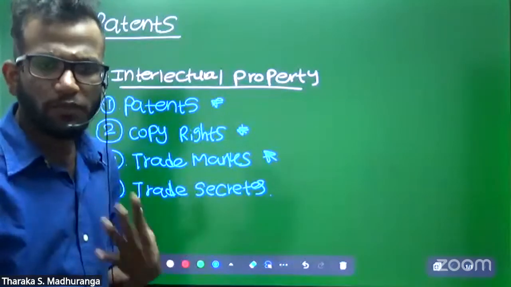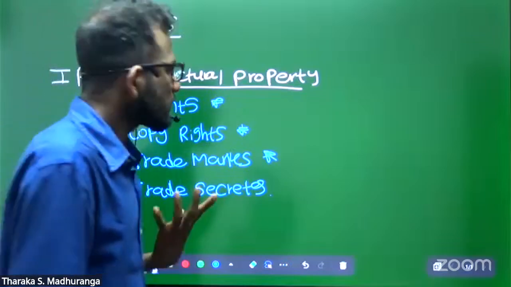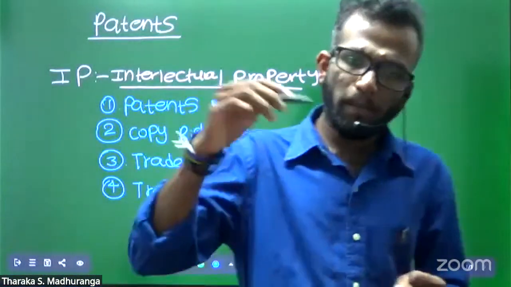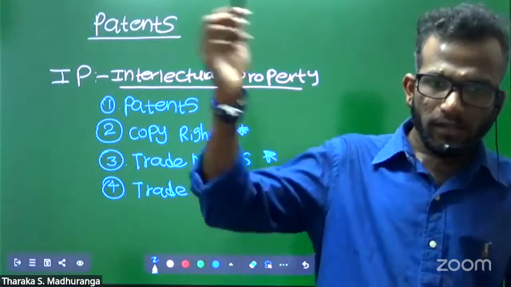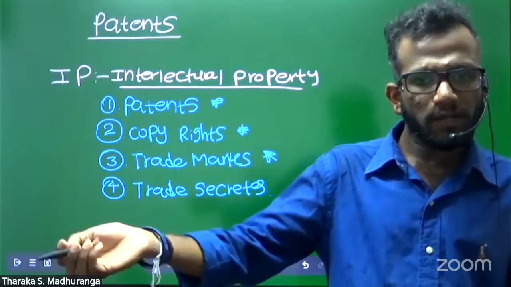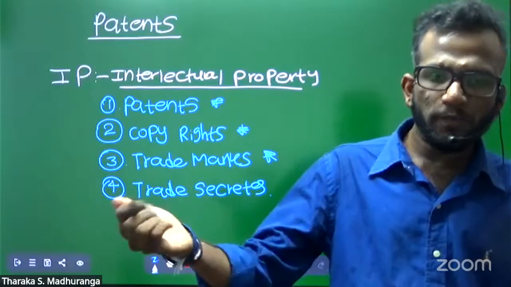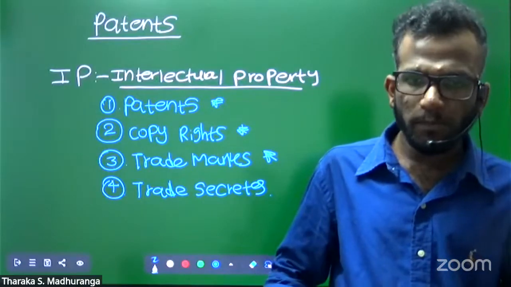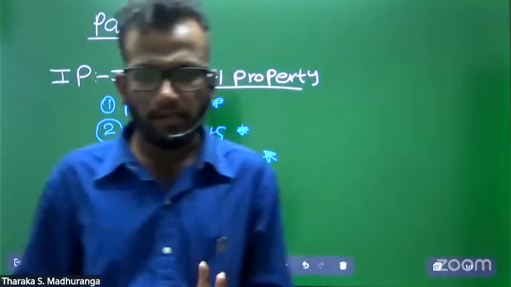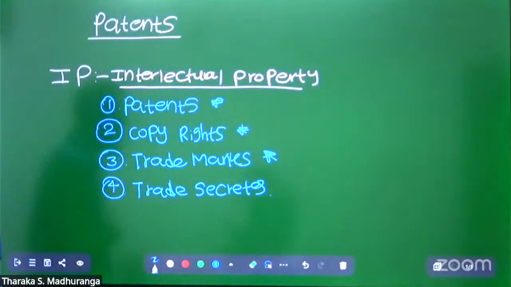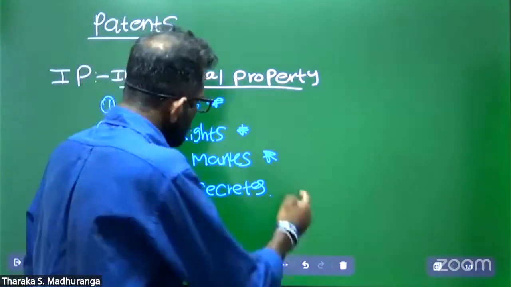McDonald's has its specific symbol, this M letter and this font, that we can't copy for any business, or even for personal use. That's trademarks. Now, trade secrets.